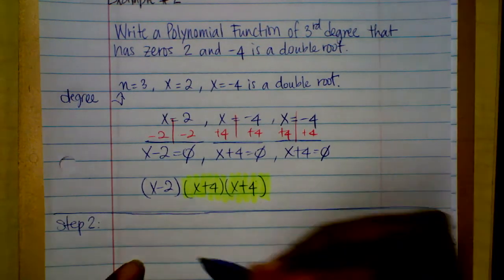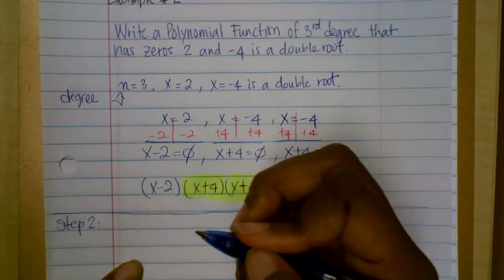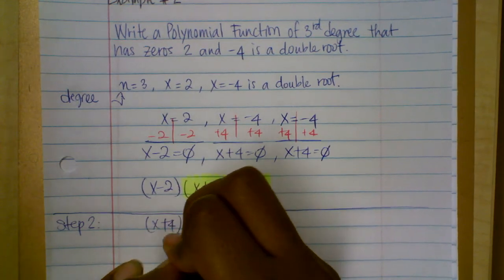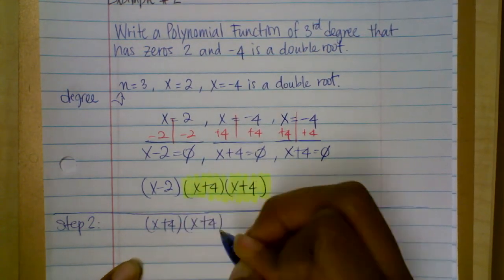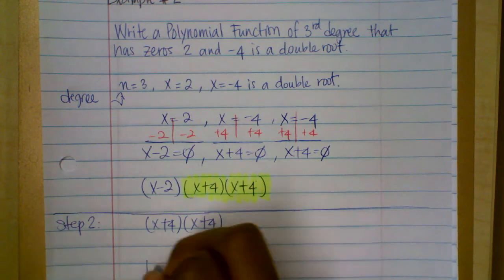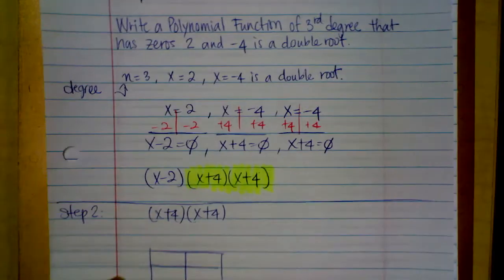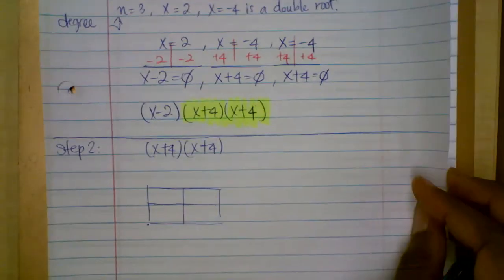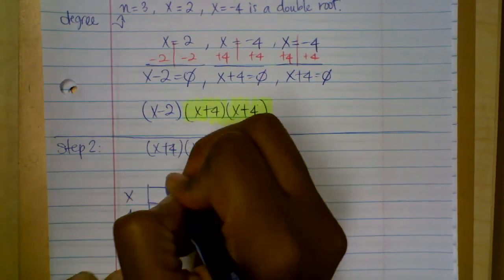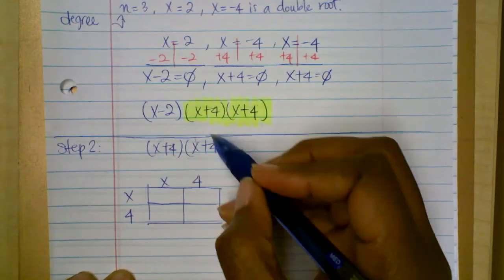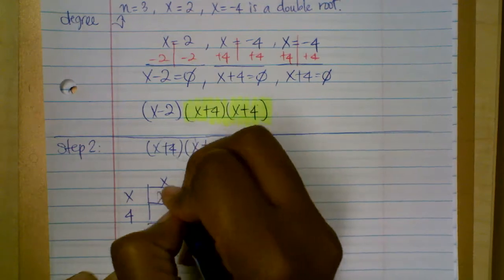You're going to end up with what? Let's do that. You can use the distributive property or the box method. For me, I'm going to do the box because the majority of my students use the box method. But again, you can do the distributive property. You end up with the same thing.